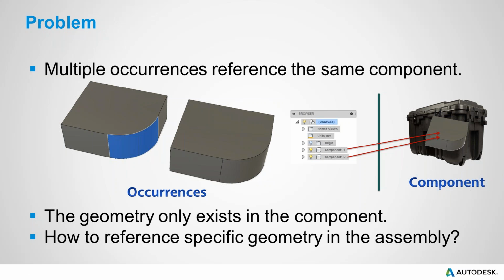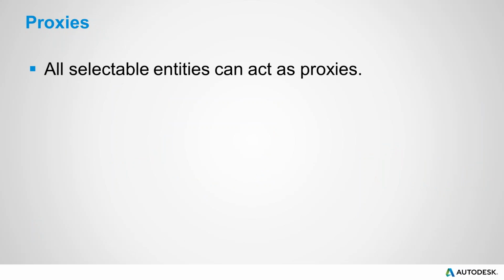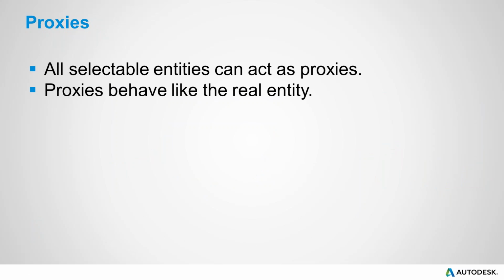And that's done through something we refer to as a proxy. Everything that's selectable in Fusion can have this proxy behavior. And what proxies do is they act like the real thing.